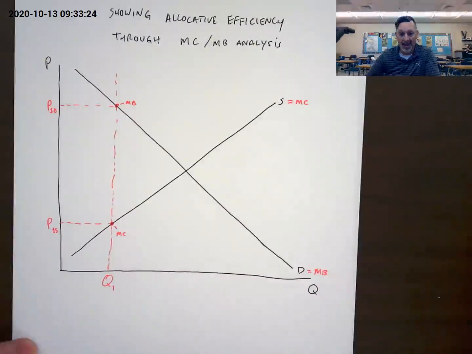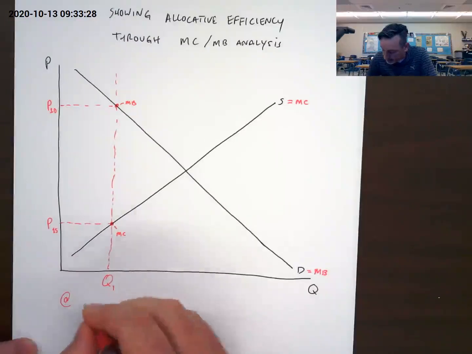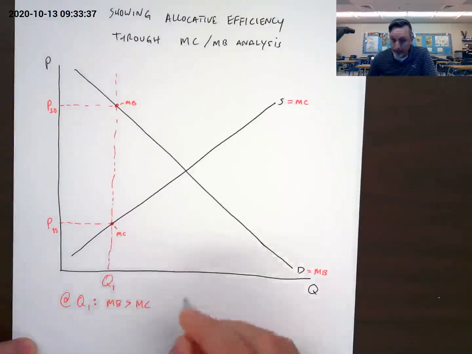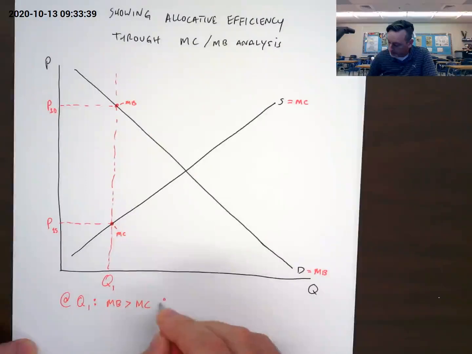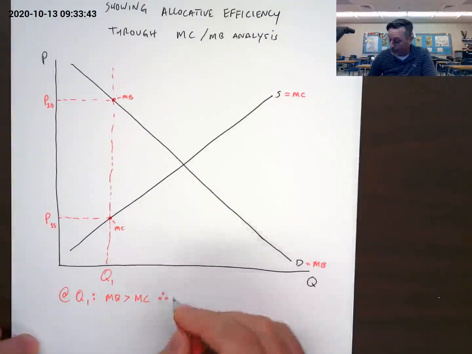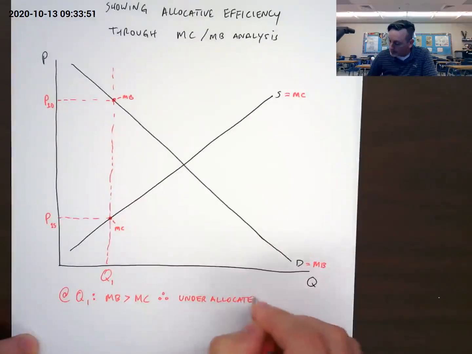Let's do more of that thing, okay? So what we could say is at Q1, what do we know is true? Marginal benefit exceeds marginal cost. Therefore, society wants more, which means we are under-allocated. All right?